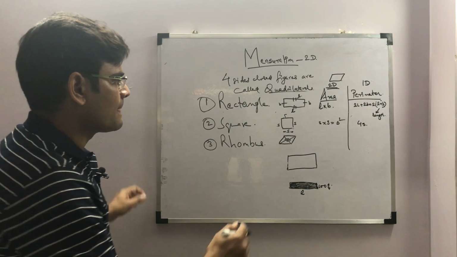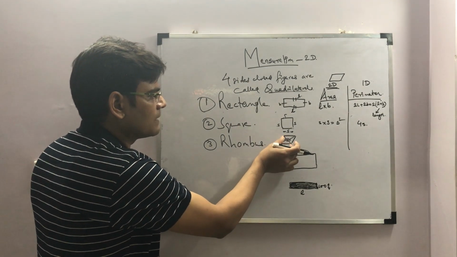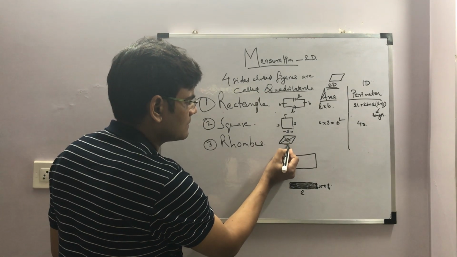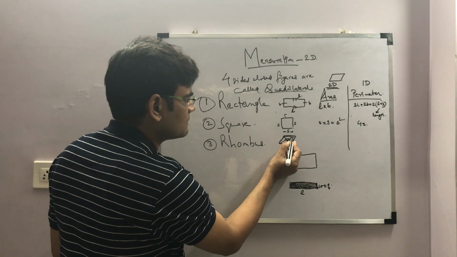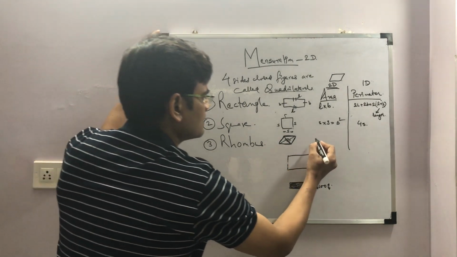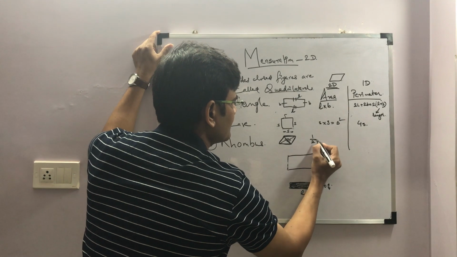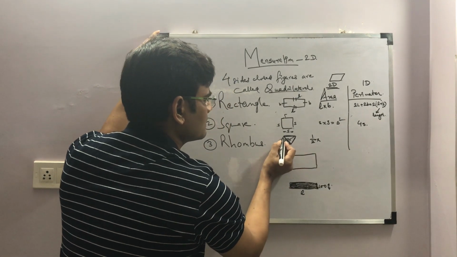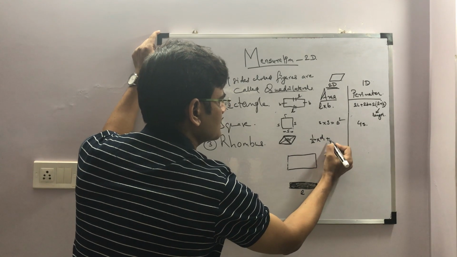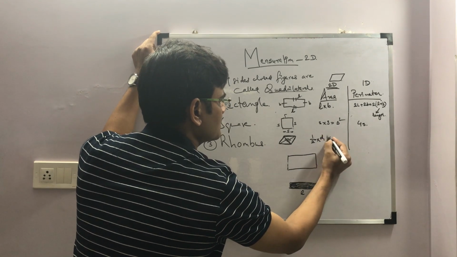So, you know triangle, right? It has two triangles, right? You see the first triangle and you see the second triangle. So, half base into height. This is the first diagonal, d1, into height.